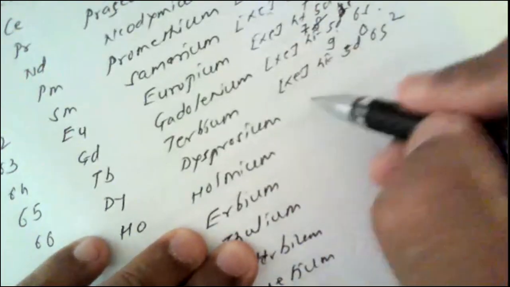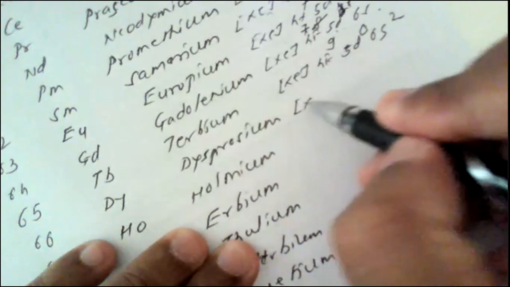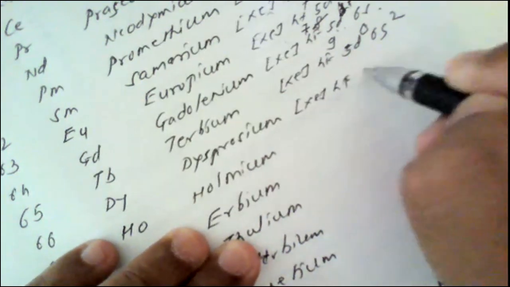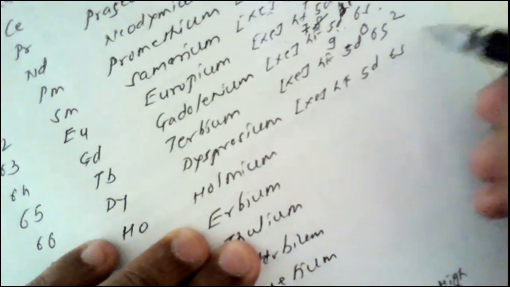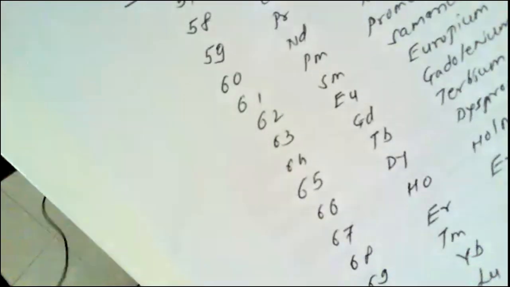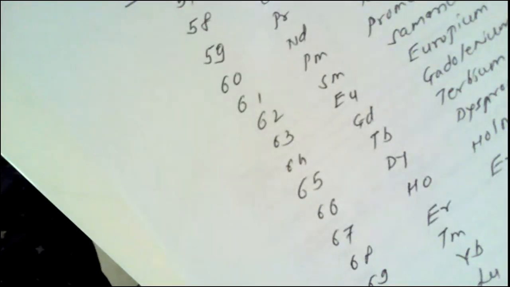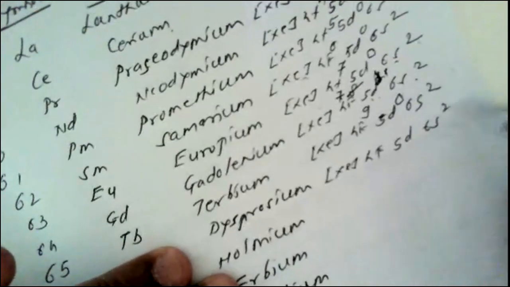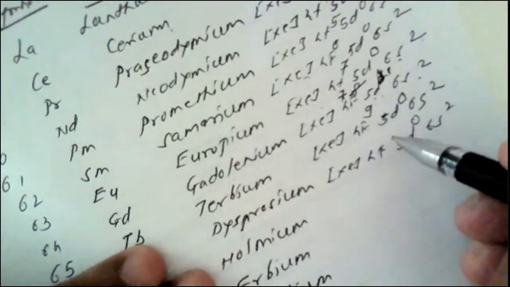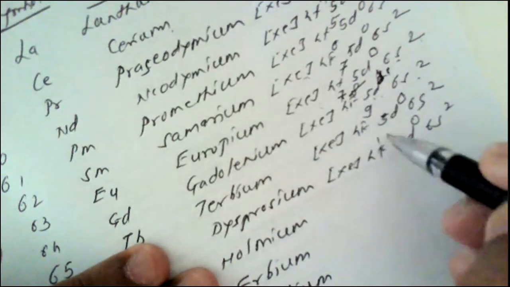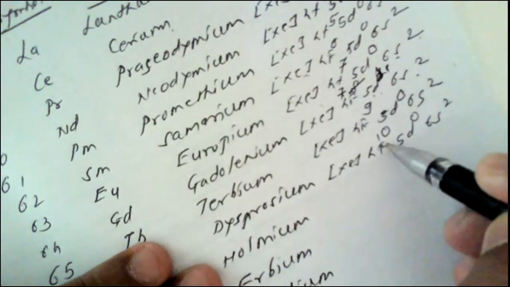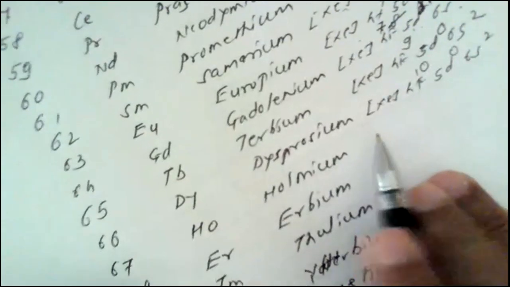Now come to dysprosium, 66, xenon 4f 5d 6s, 6s2 5d0 again and 4f10. So 56 plus 10 is 66.